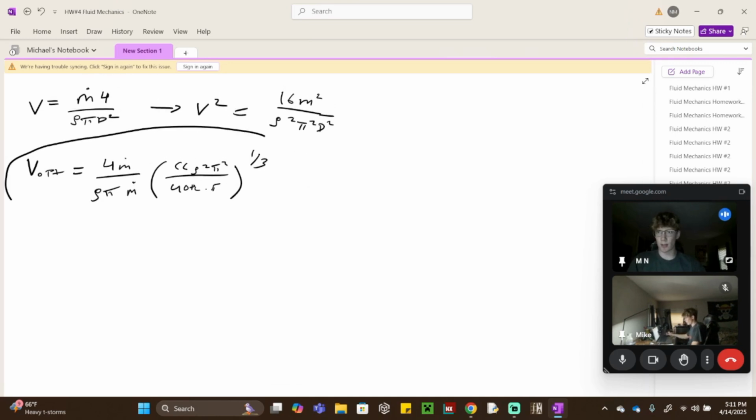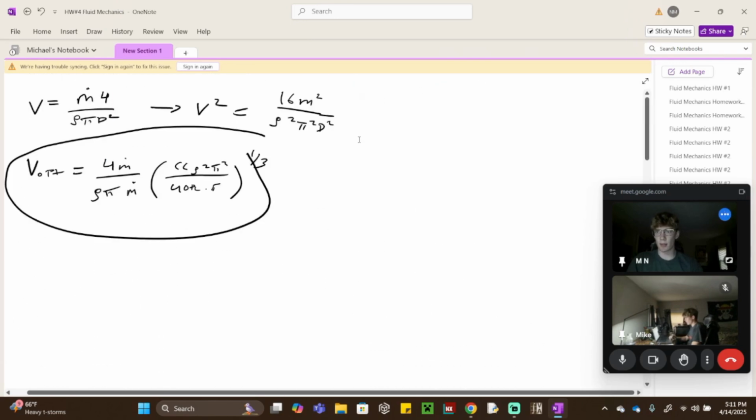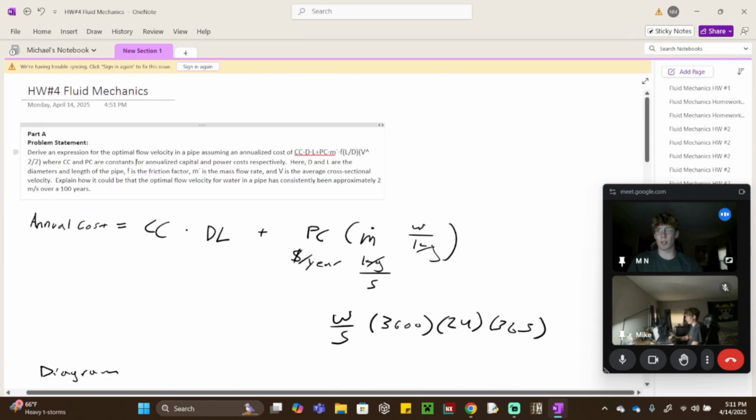And this is our answer. So that is an expression for the optimal flow velocity in a pipe, assuming an annualized cost of this.